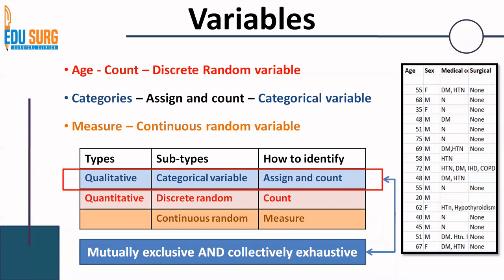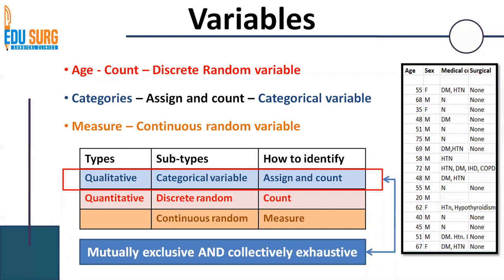Now, it is very important to understand that whether it is qualitative or quantitative, whenever you are studying data, analyzing data, or defining data into different variables, your categories have to be mutually exclusive. That is, male or female or not specified, right?